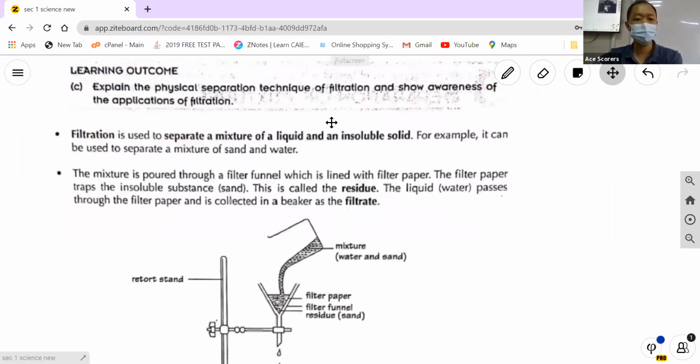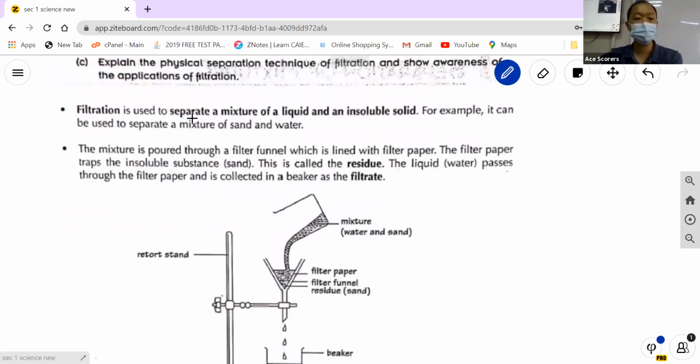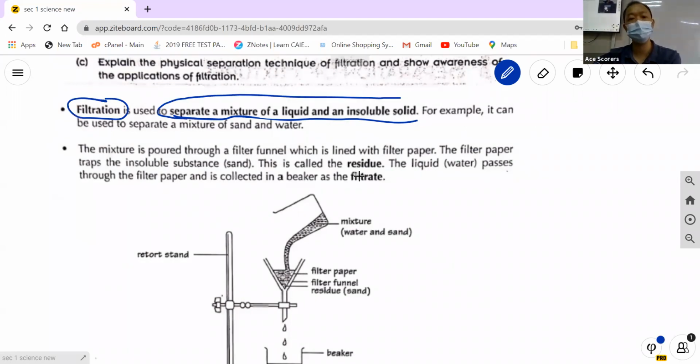Next, filtration. Filtration is used to separate a mixture of liquid and insoluble solid. What is the crux in understanding separation techniques? You must know what each method is supposed to separate.